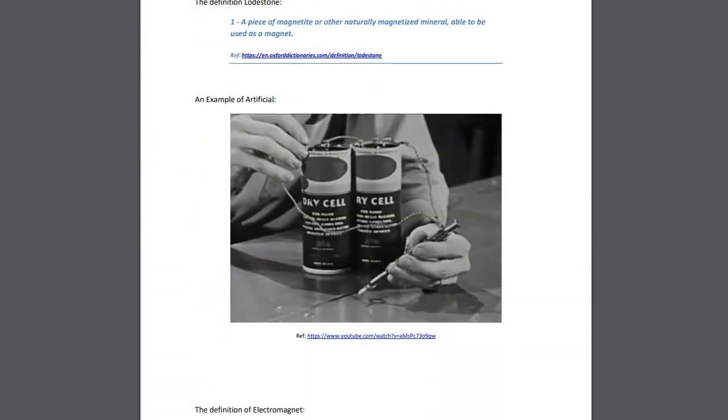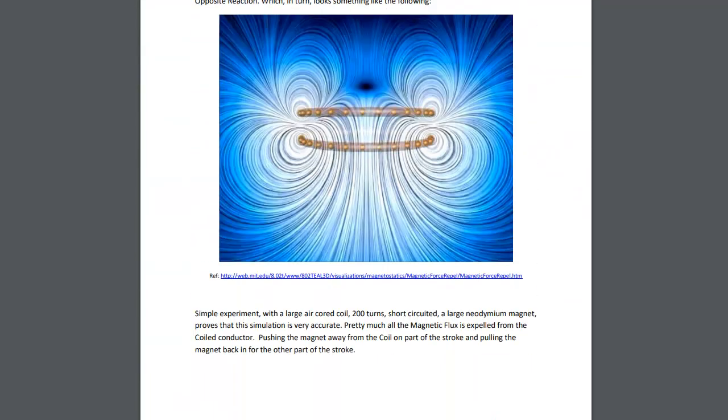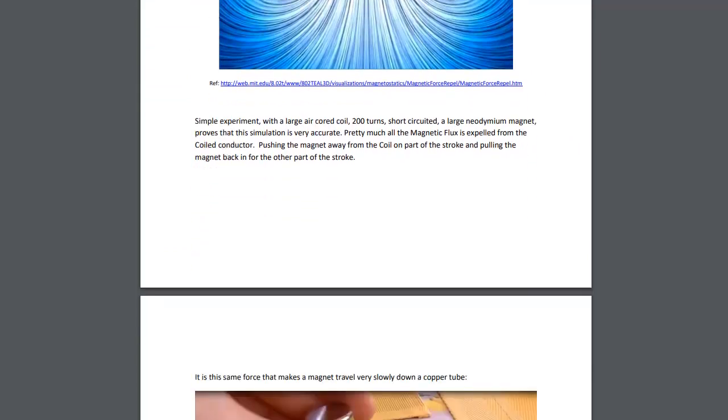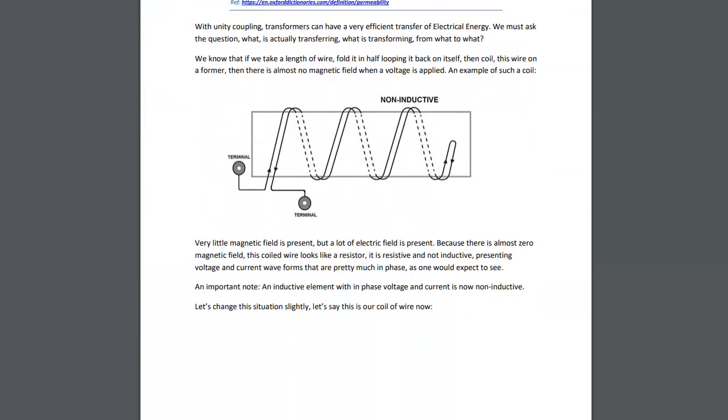Now I run through a few definitions in there, run through a few little problems, even with the MIT example of the coils and the magnetic fields, and we get to this image here. This is the typical definition and the typical idea of a non-inductive coil.